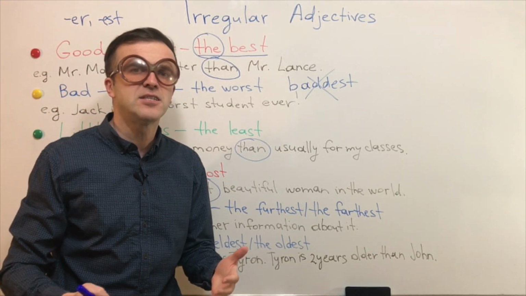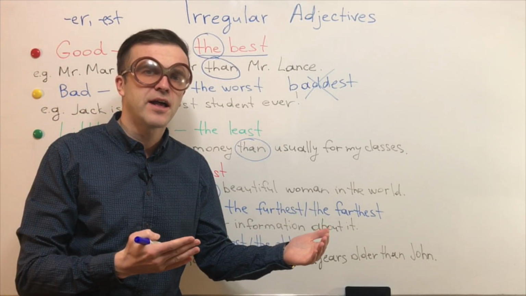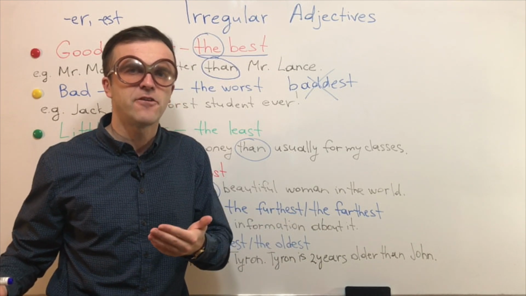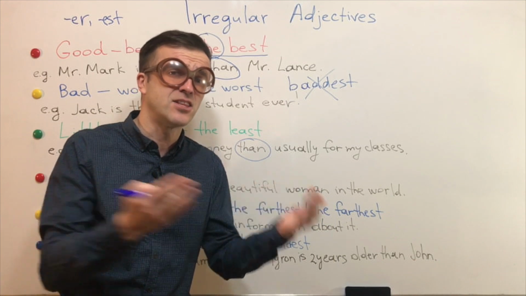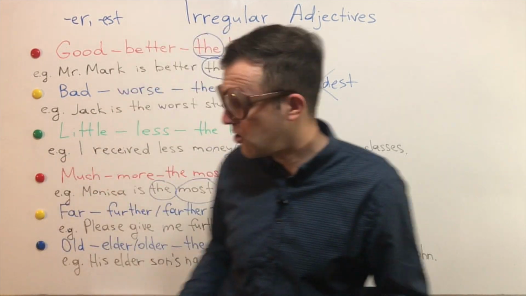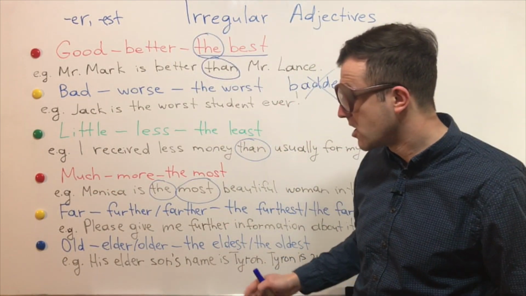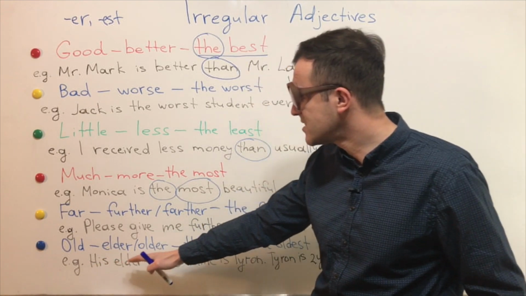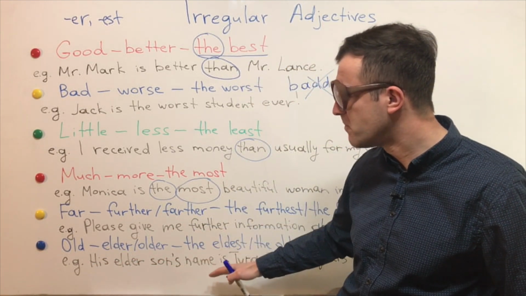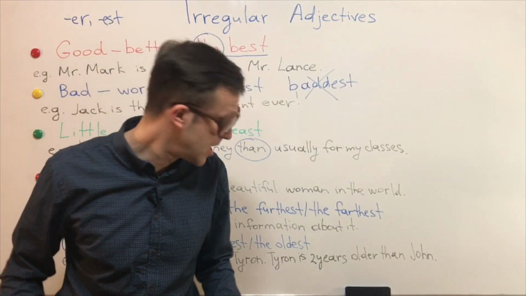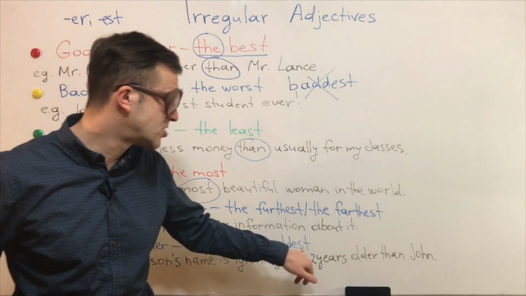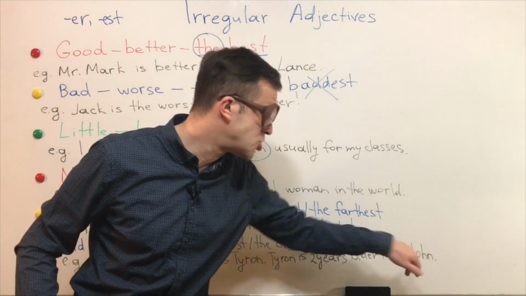So what's the difference between older and elder, and between the oldest and the eldest? So let's take this example. His elder son's name is Tyrone, yeah? But Tyrone is 2 years older than John.